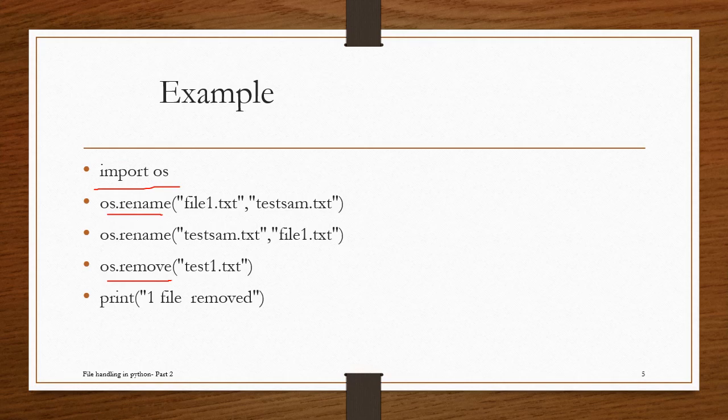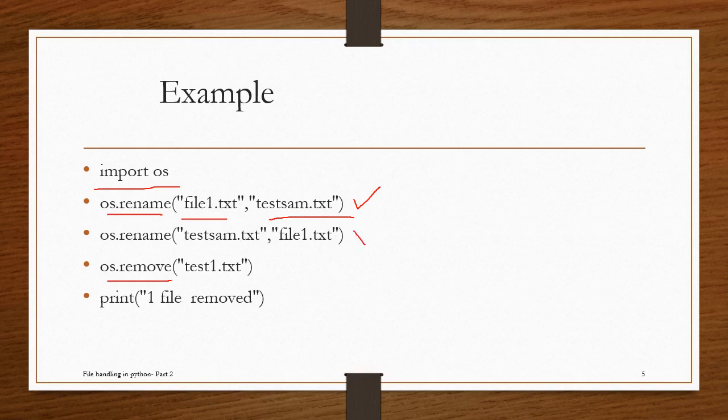So what will happen when we execute os.rename? os.rename has two parameters. The first parameter is which file is to be renamed, and the second parameter is the new name. So here I am renaming file1.txt to testsam.txt in the first statement.